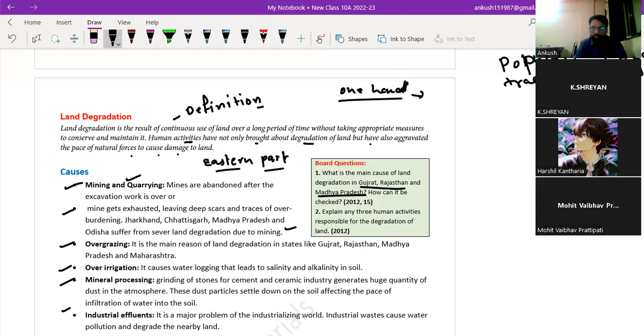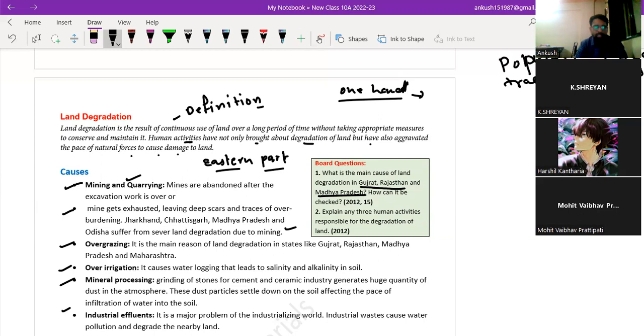Sir, which mines? Coal mines, especially, and mineral mines. Lots of mines are there in the eastern parts, but coal mines are more active there. Not the far eastern part, not Arunachal Pradesh or Assam.